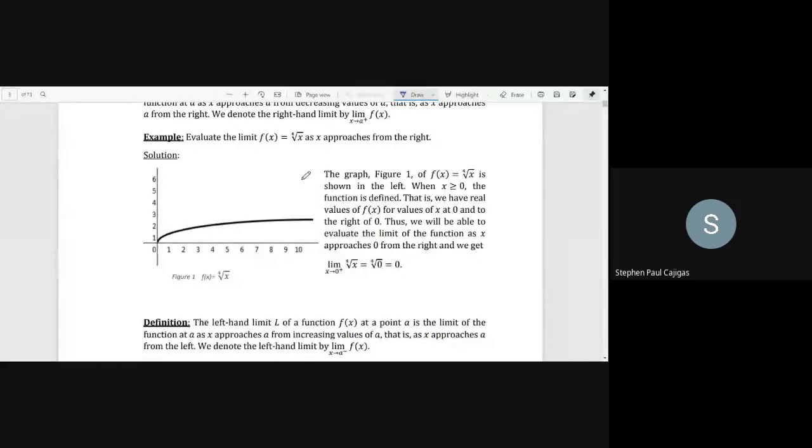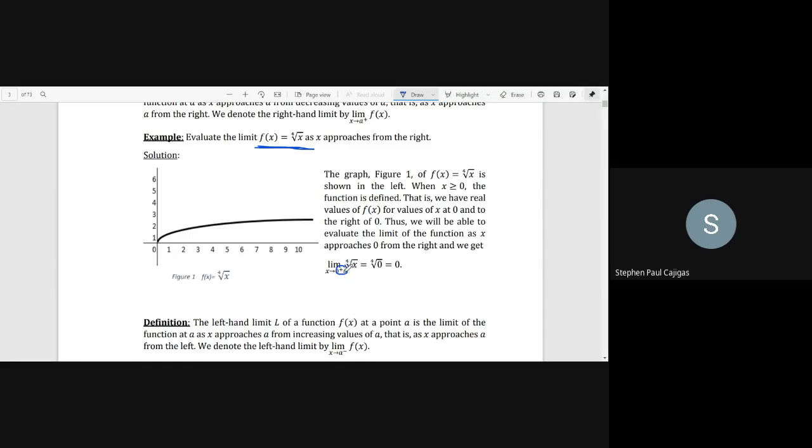Okay, so now you have seen the one-sided limit. With a one-sided limit, we are just looking at approaching from one side, either from the left or from the right. This is also helpful for functions whose domain is only the positive numbers. So if we get the limit as x approaches, for example, from the left, the notation has a plus or minus.